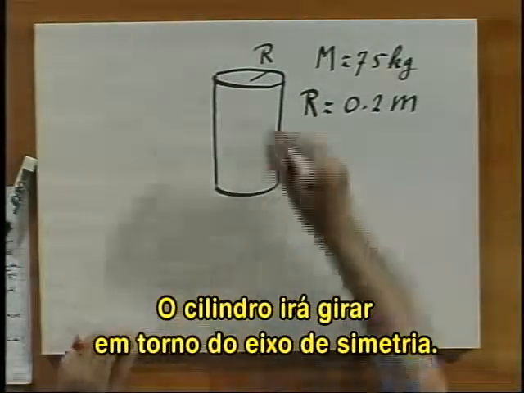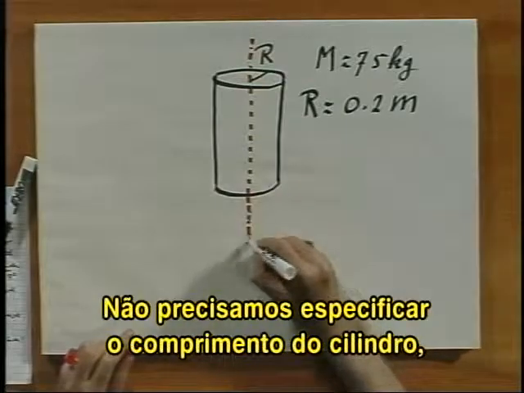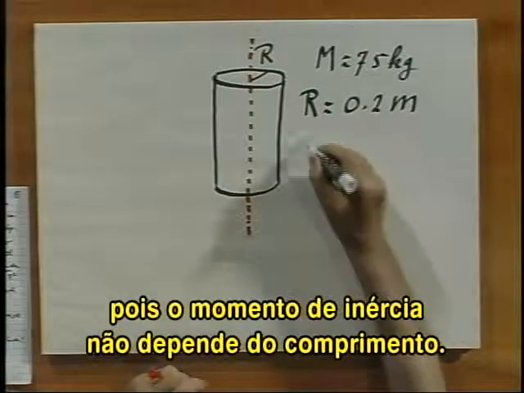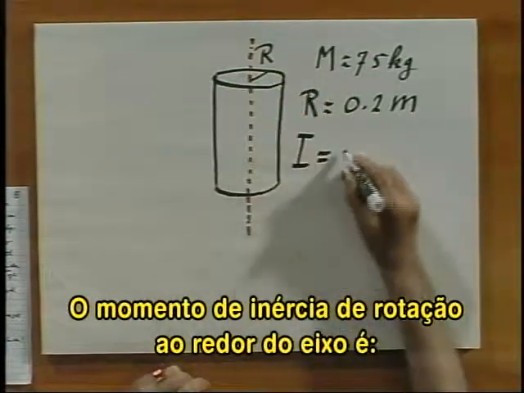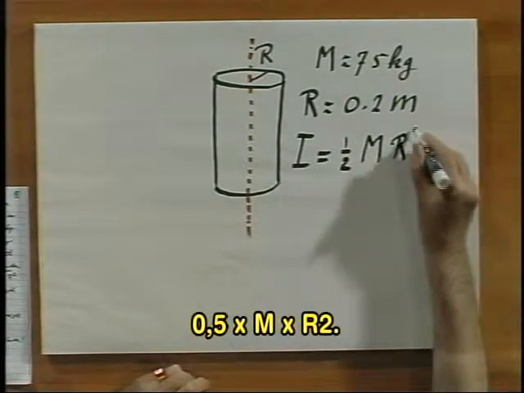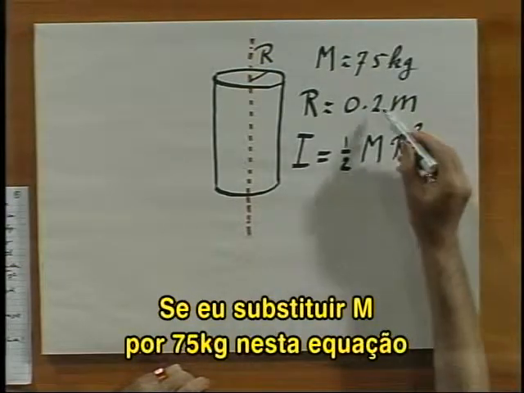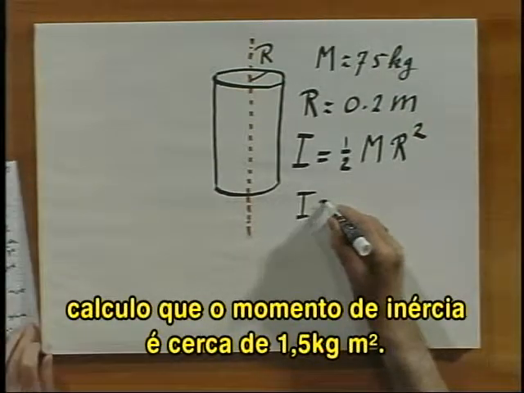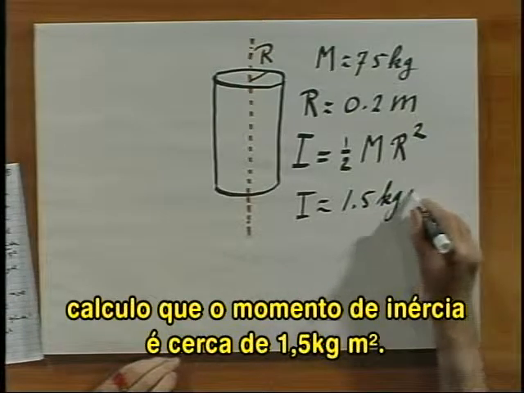The cylinder rotates about the axis of symmetry. We do not have to specify the length of the cylinder because the moment of inertia is independent of the length. The moment of inertia for rotation about this axis equals 1/2 m r squared. If I substitute 75 for m and 0.2 for r, I find that the moment of inertia is about 1.5 kilogram meters squared.